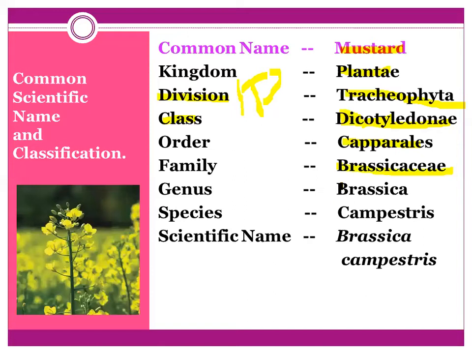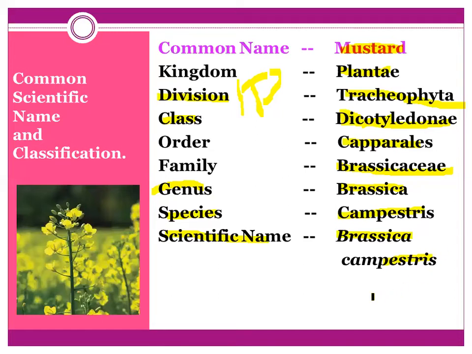Then the genus is Brassica, the species is campestris, and the scientific name, as you know, comprises two words: number one is the genus, and the second one is the species. So mustard is the common name, and the scientific name of the mustard plant is Brassica campestris. This is the classification of the mustard plant.